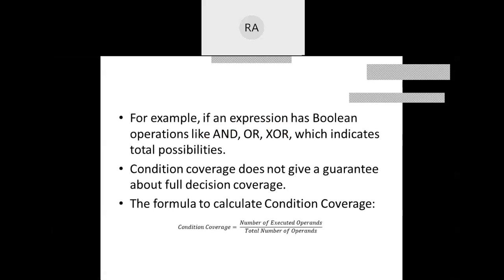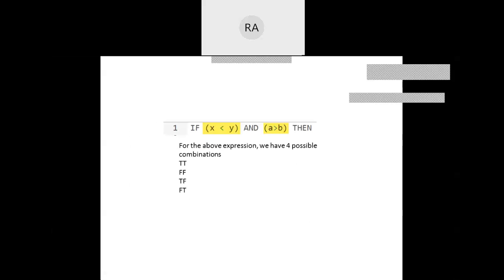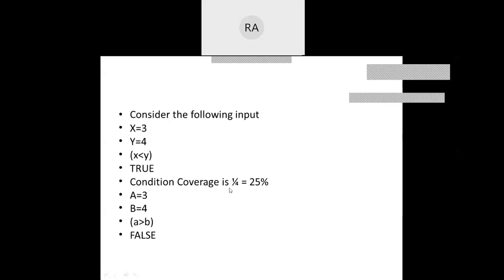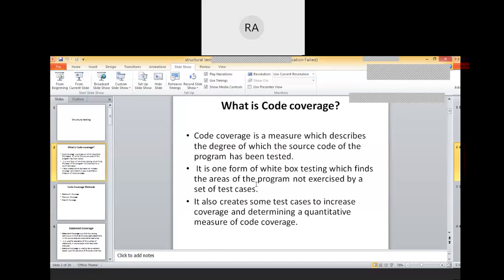The total number of operands is 4 here: 1, 2, 3, 4. Here it is true and here it is false. That is 1 divided by 4, that is 25% is the condition coverage. This is about the condition coverage.